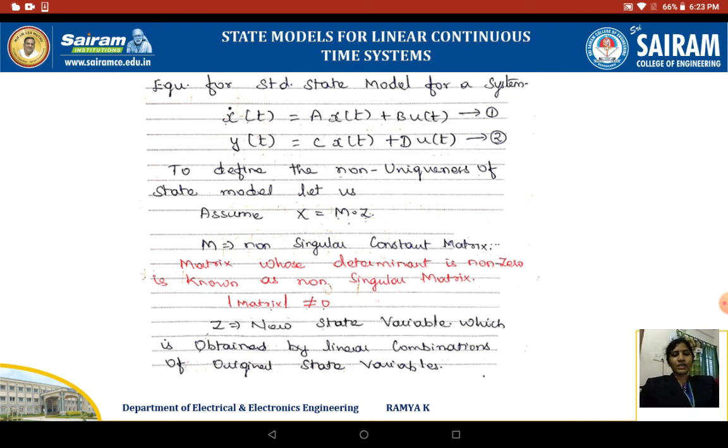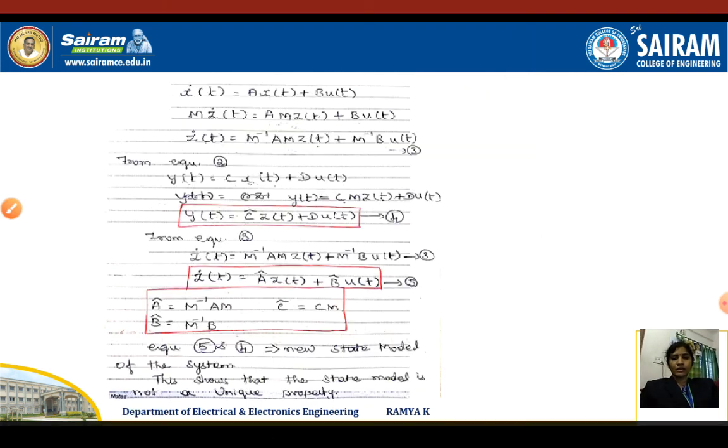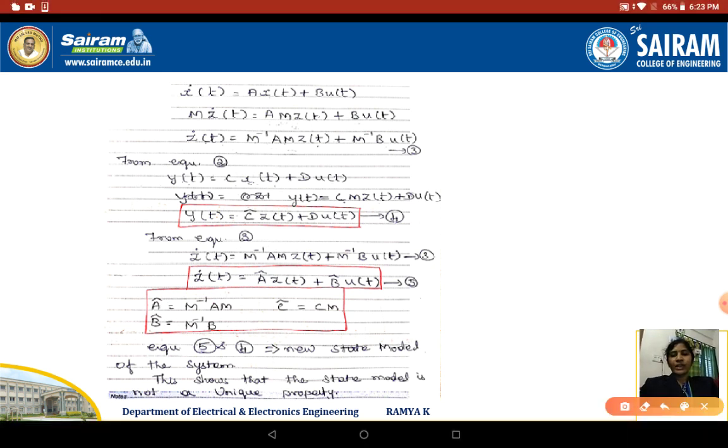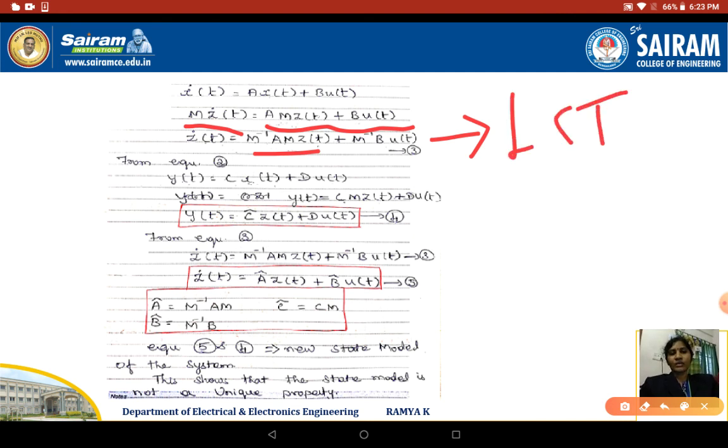After replacing, you get M z dot of t equals AM z of t plus Bu of t. When you bring this M to the right hand side, you get M inverse AM z of t plus M inverse B u of t. This is the modified form of the state equation for a linear continuous time system.